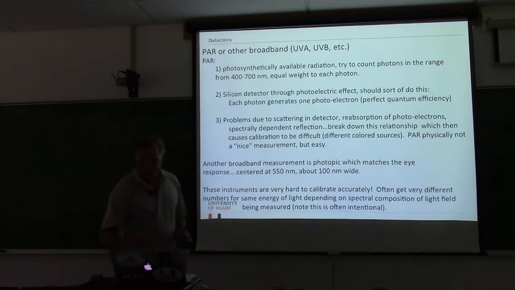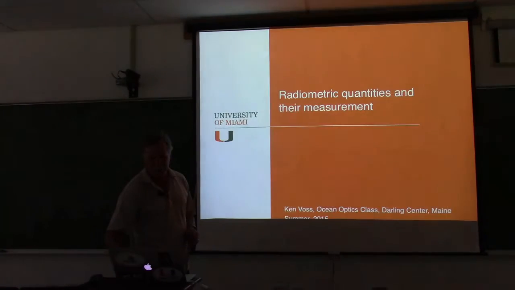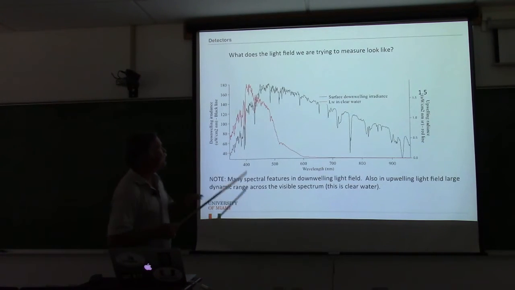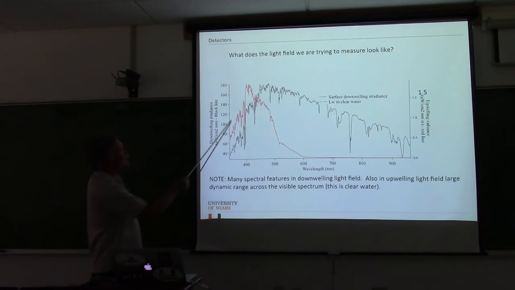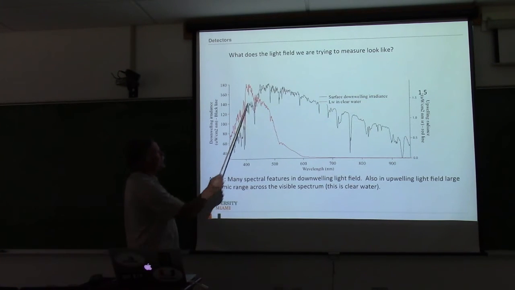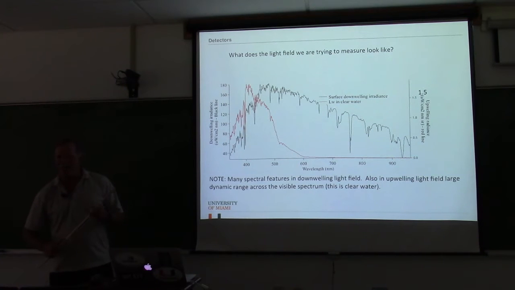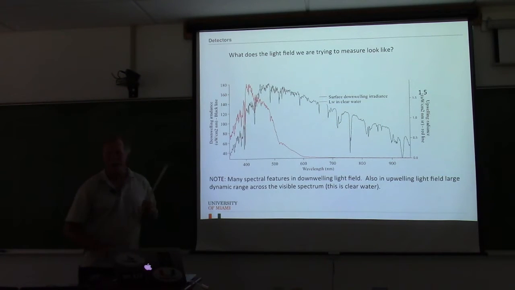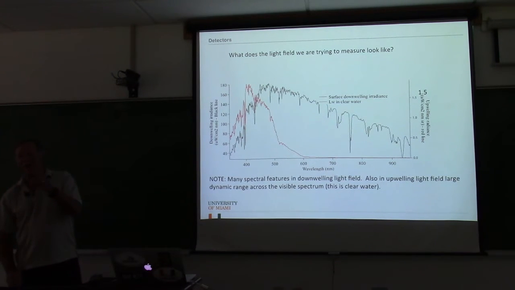And let me go back for a second. If you look at the upwelling light field and the downwelling light field, and you think about a calibration lamp that you use in the lab, unfortunately, or maybe fortunately, it is not as hot as the sun is.